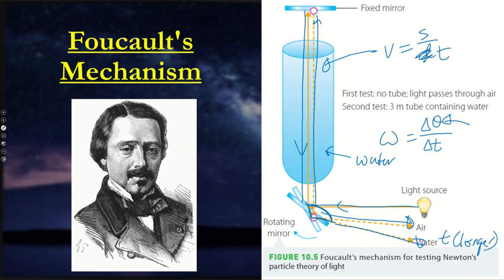What that proved was light travels slower in a dense medium. So what's that proving to us? That's proving Huygens' explanation of refraction of light.